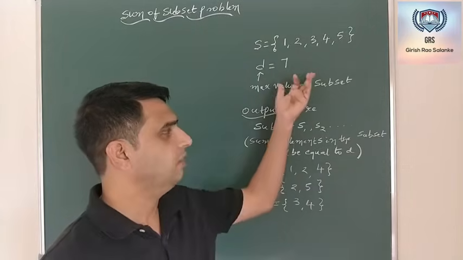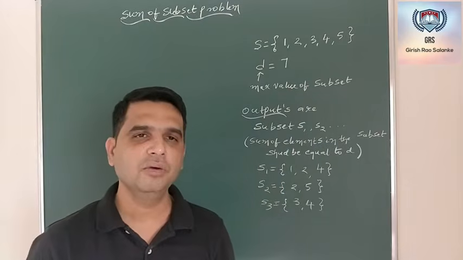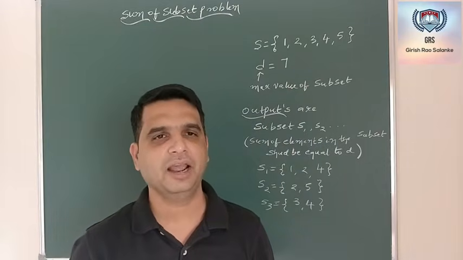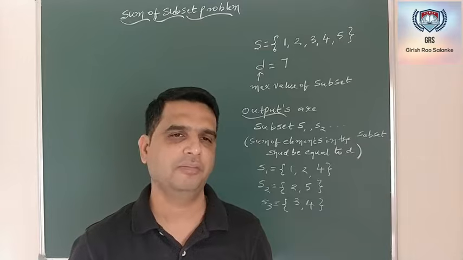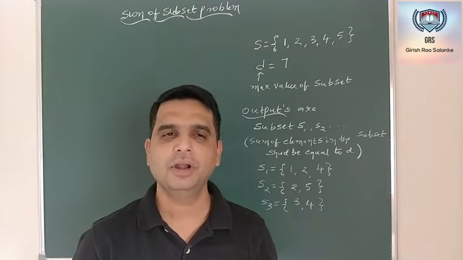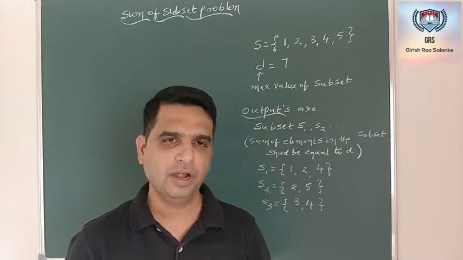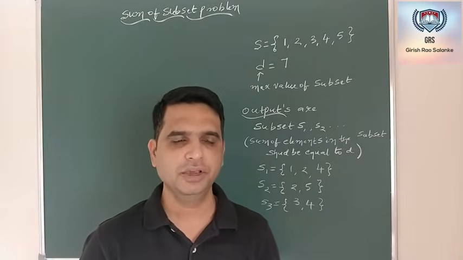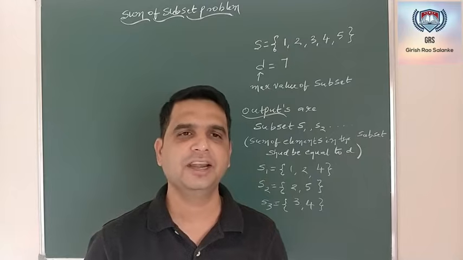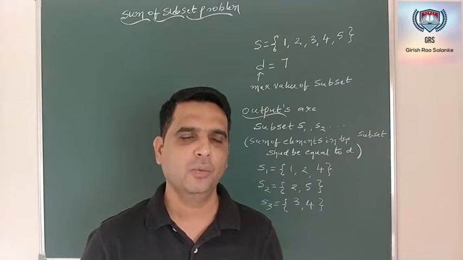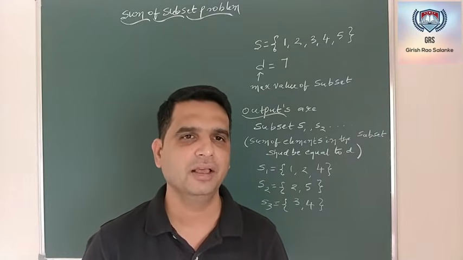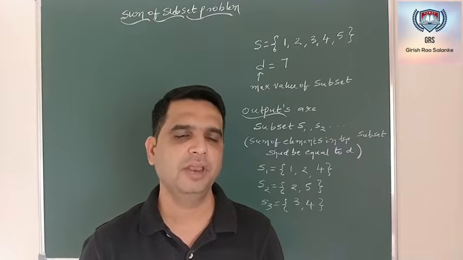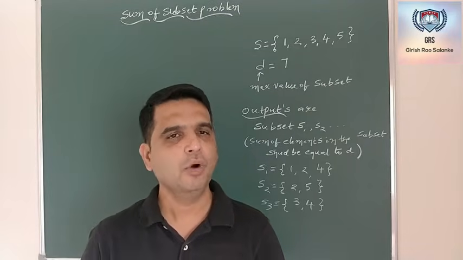Now, in order to solve this, we will use the concept of backtracking. One important thing about backtracking is, when compared to the greedy approach that we have discussed in the previous few videos, in the greedy technique, once a choice or a decision is made, we can't revoke that decision.